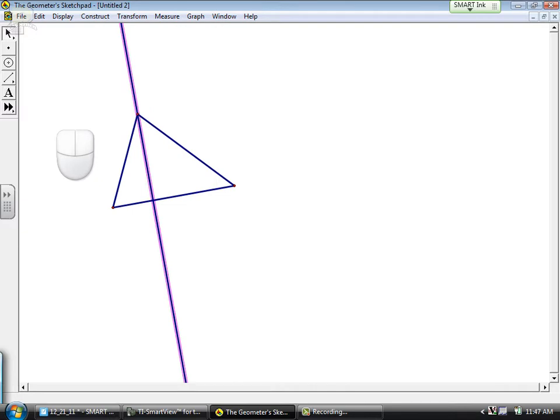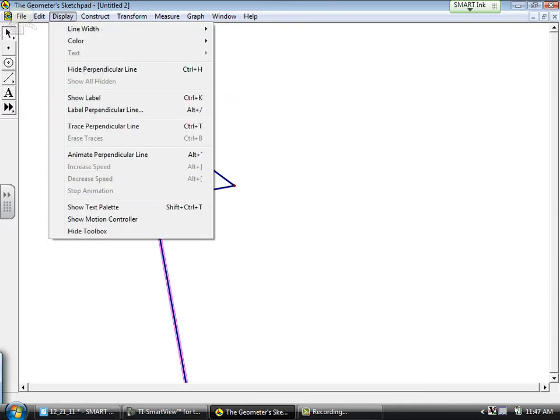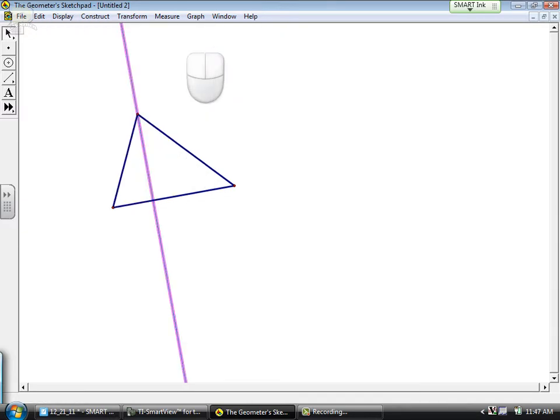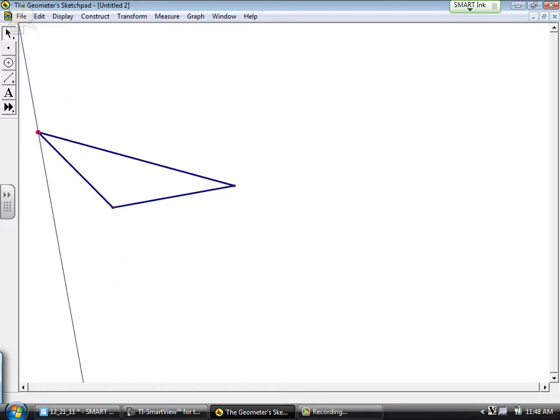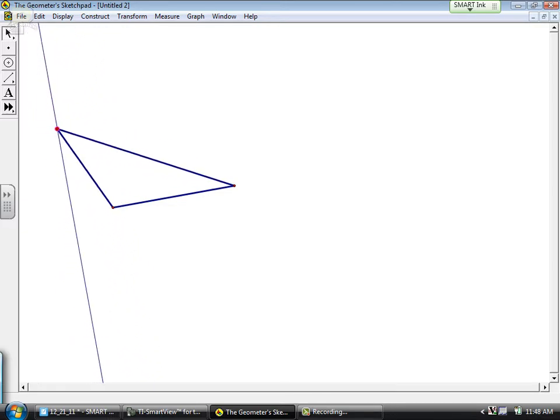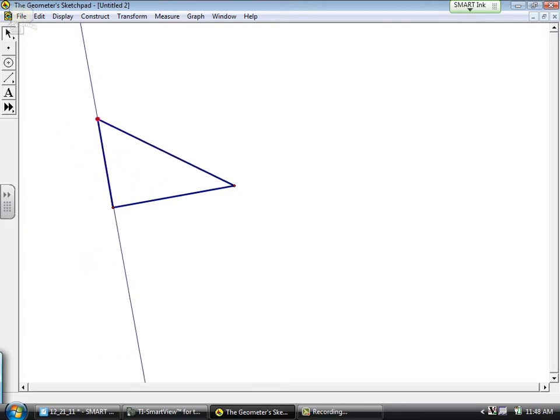Perpendicular line, there we go. Let's make these lines thin. That's one of the altitudes. Now, if I move the triangle around, you can see that sometimes the altitude is outside the triangle when the triangle is obtuse. When the triangle is right, the altitude is one of the sides of the triangle.